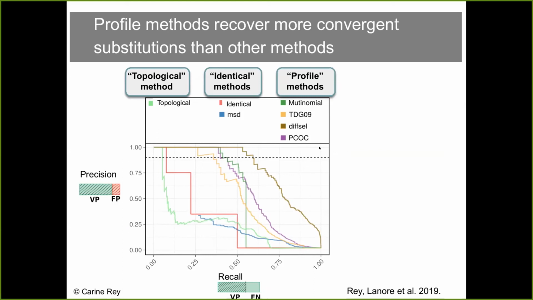And in that case, the best method appears to be the DiffCell method developed by Nicolas Lartillot and Sarah Parto, which has a better performance than other profile methods, those three there, which are better than the identical methods or the topological approach, because they do recover more of the true convergent sites that we simulated in our data.